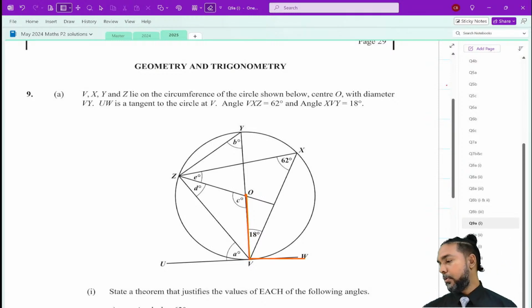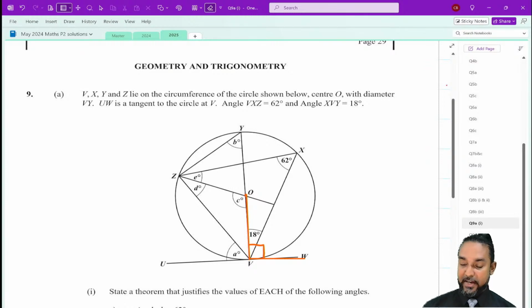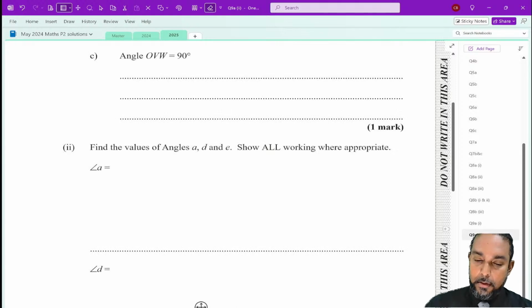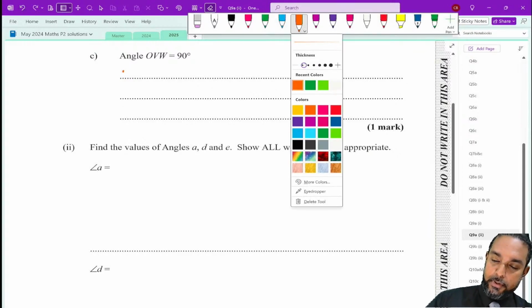OVW. Right, so OV is a radius and VW is part of the whole tangent. And we said earlier the angle between tangent and radius is 90 degrees.